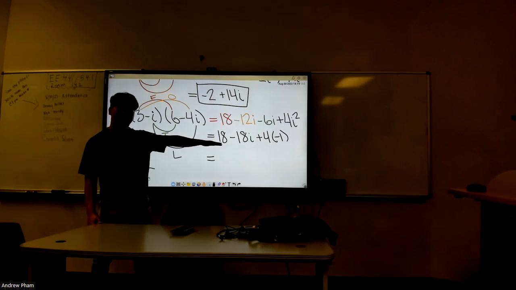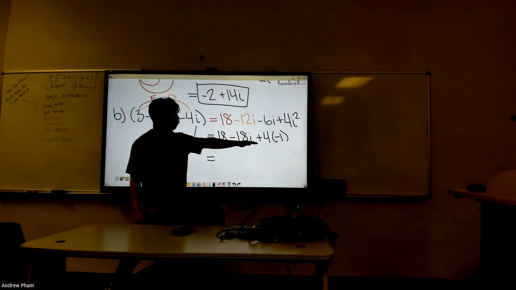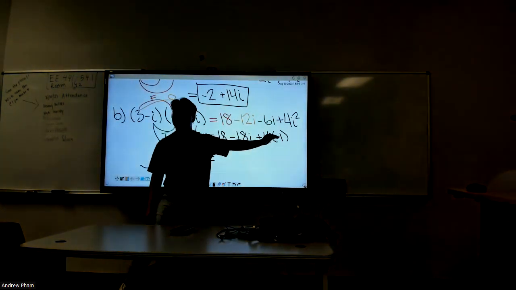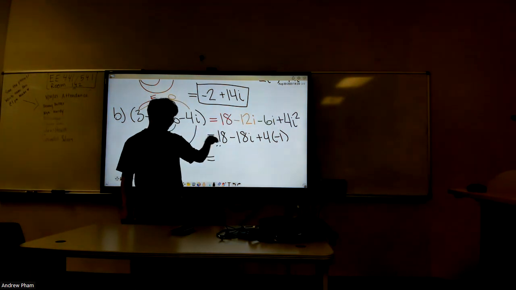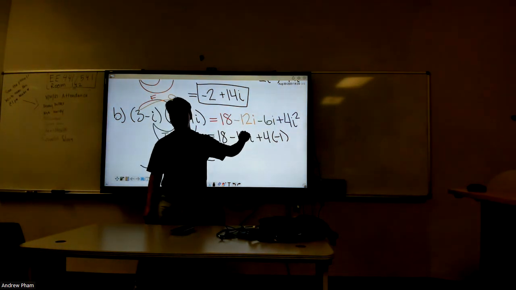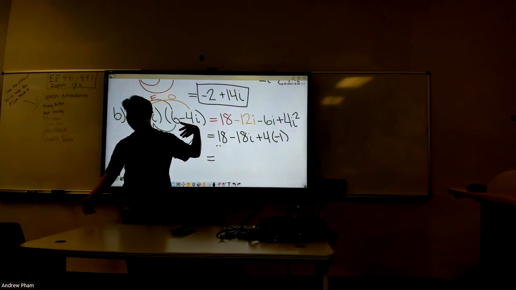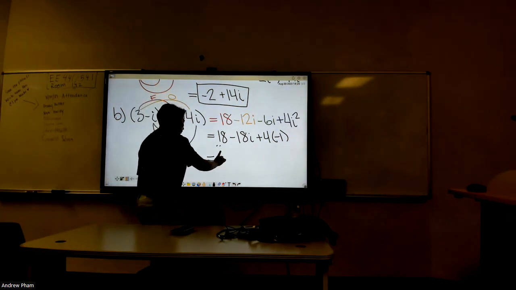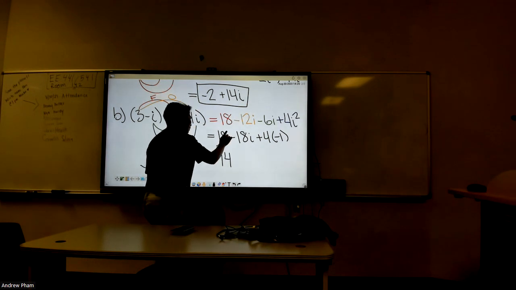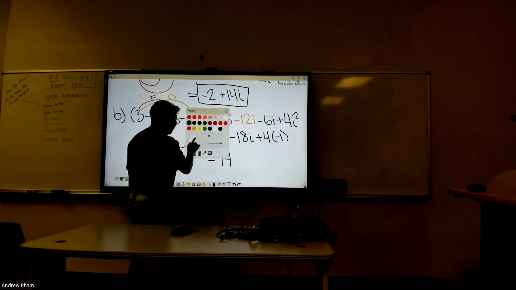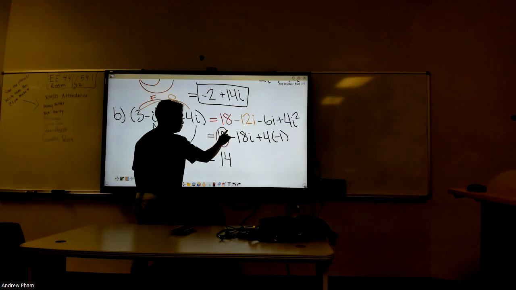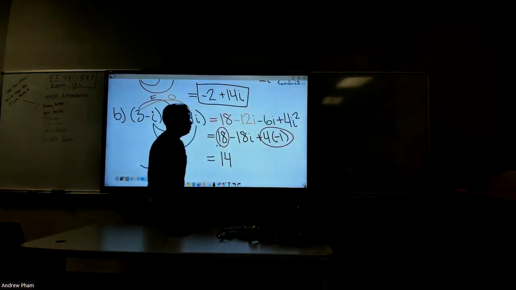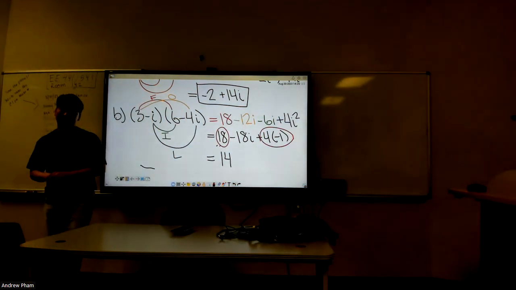So I have 18 plus 4 times negative 1. If I clean this up, 4 times negative 1, I get negative 4. What's negative 4 plus 18? Yeah, we get 14. Again, that's me combining this part with this part. That's going to give me 14.